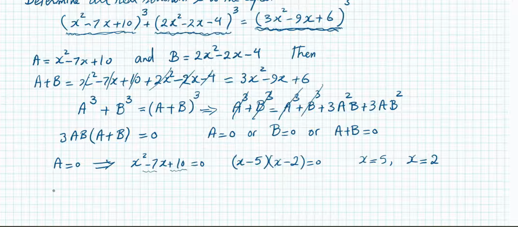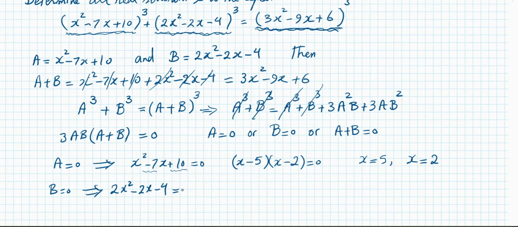Now B is 0. That would result in 2x squared minus 2x minus 4 is 0. Dividing that by 2, we have x squared minus x minus 2 as 0.